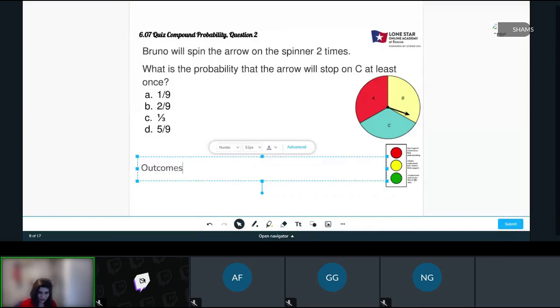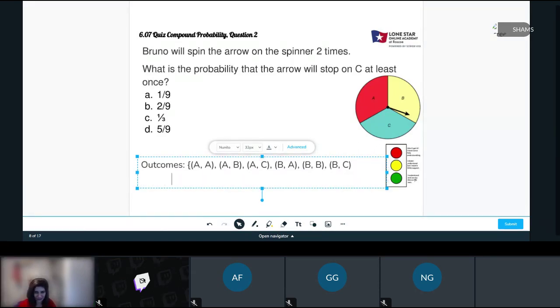All possible outcomes. So first spin A, second spin again A. First spin A, second spin could be B. First spin A, second spin could be C. Or first spin was not A but B: first spin B, second spin A; first spin B, second spin also B; first spin B, second spin C. These are the top 2 branches only, and they contain 6 outcomes.